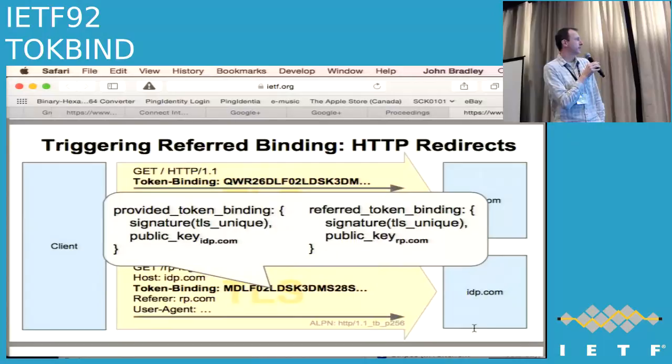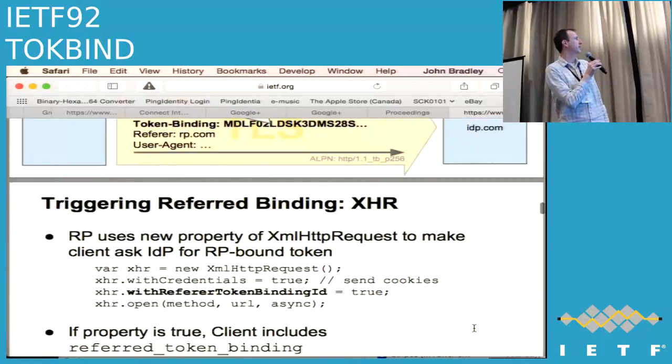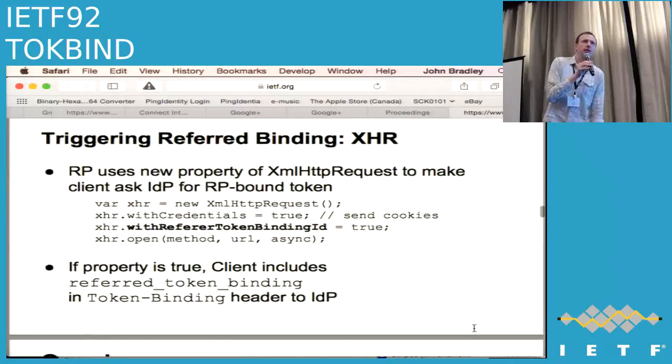All right. Let's do next slide. So that was the example. The question was, how does the relying party signal to the client that it's okay to prove possession of this other key pair that it's not normally proving possession of to the IDP.